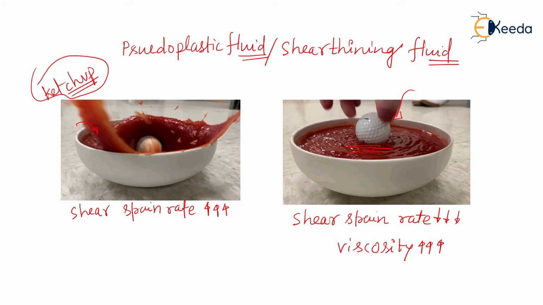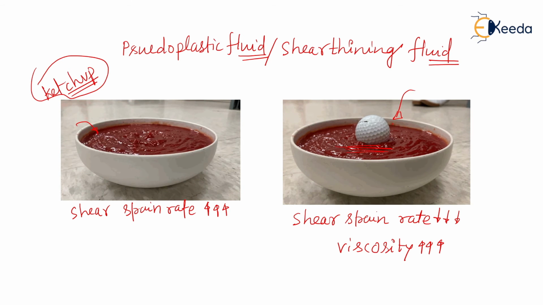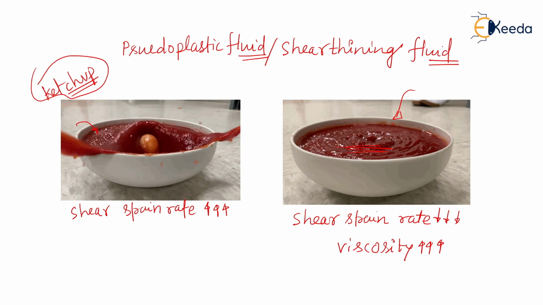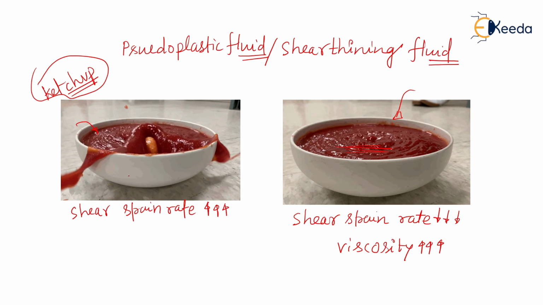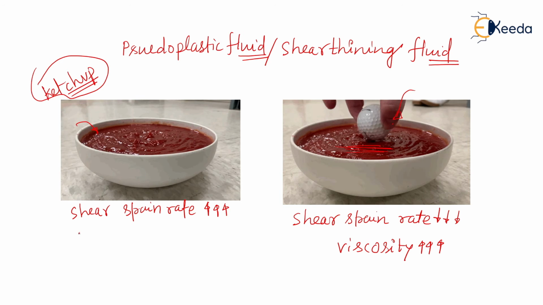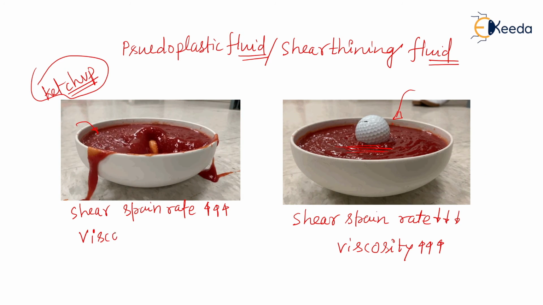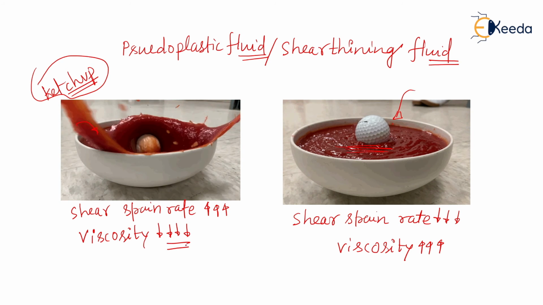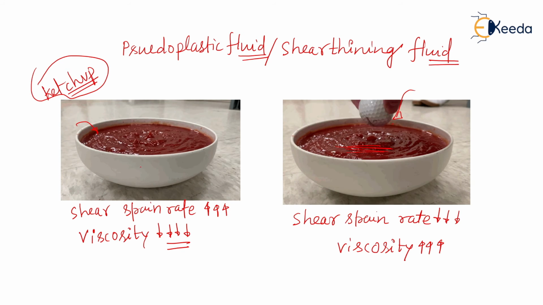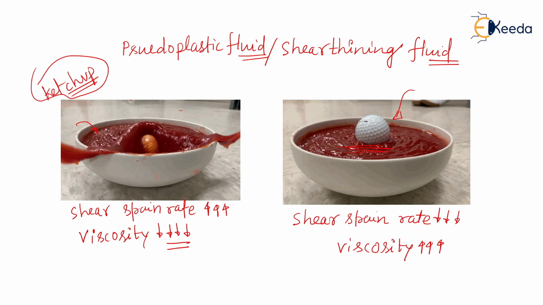In that case this ketchup will be less viscous when you throw the ball with high shear strain rate. Then the fluid viscosity will be actually less. You can see it is completely opposite from the previous example of cornstarch solution.